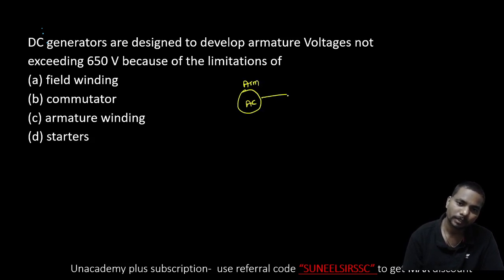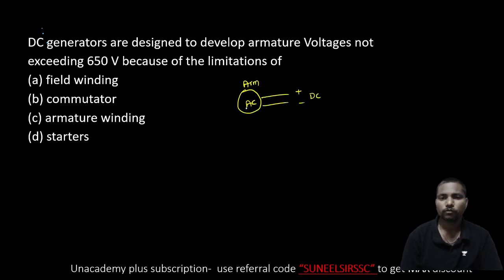So that means we have to convert this to a DC supply. If you want to convert this AC to DC supply, here we require a mechanical rectifier, that is commutator. So the maximum voltage between the two segments is not exceeding 50 volts.